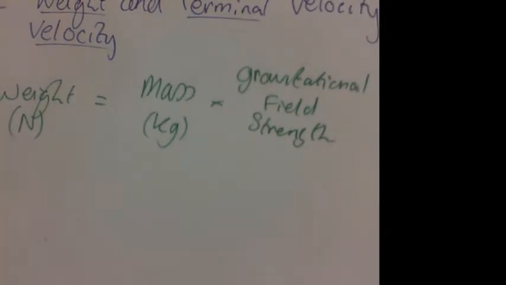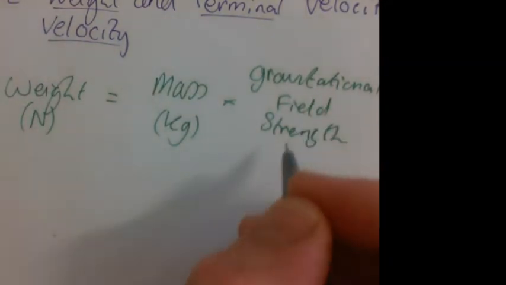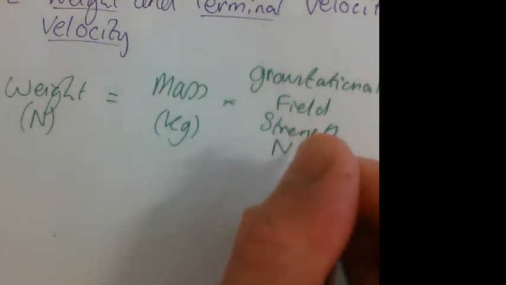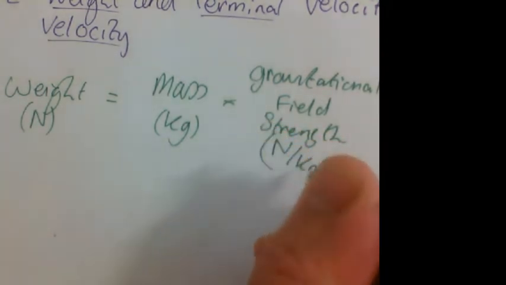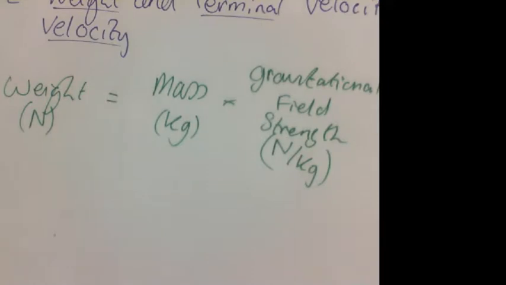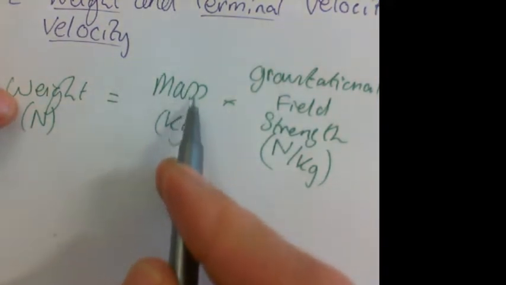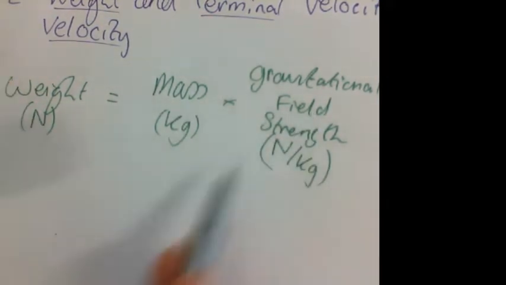So weight equals mass times gravitational field strength, and the units for gravitational field strength are newtons per kilogram. And you can see that that must have been the case, because if you divide weight by mass, then you get the gravitational field strength.